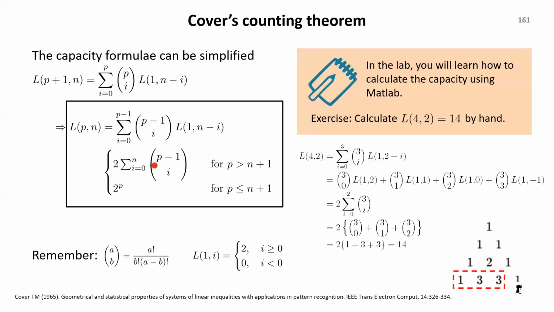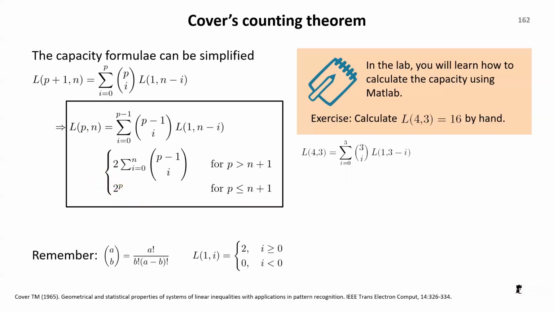Now, we want to prove this second situation, meaning for P less than N plus 1. So I can just use N equal 3, right? We have not actually done it by hand, but we can do it in here.